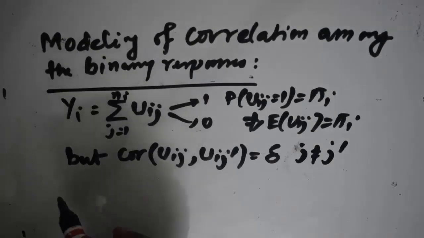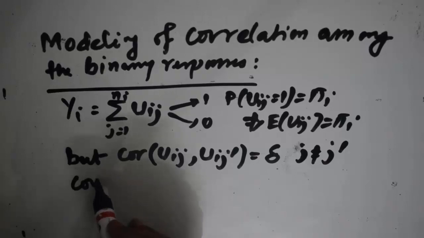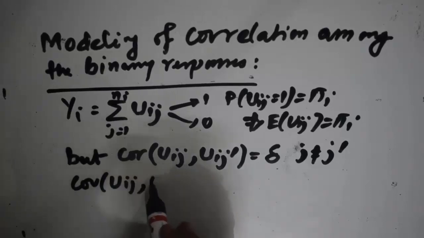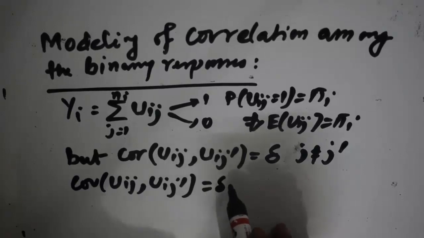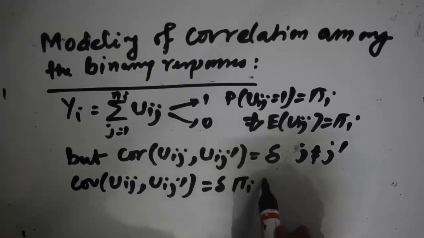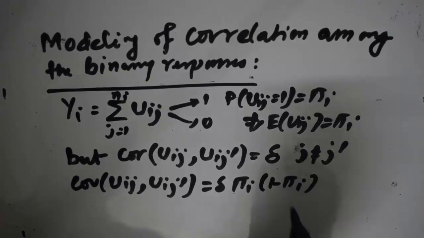Then the covariance between uij and uij dash is equal to delta pi i into 1 minus pi i.